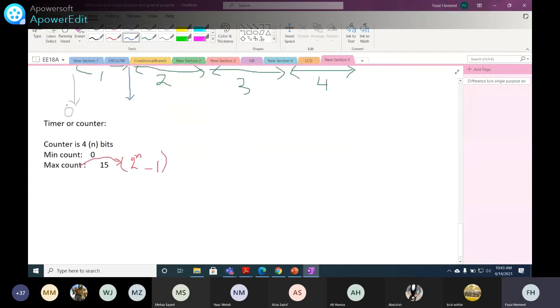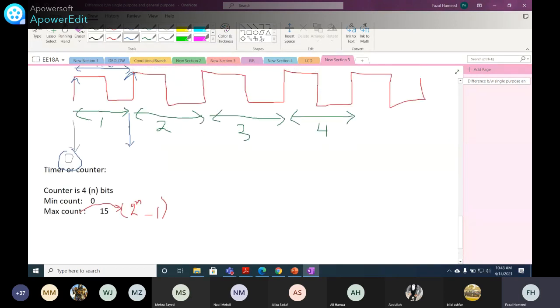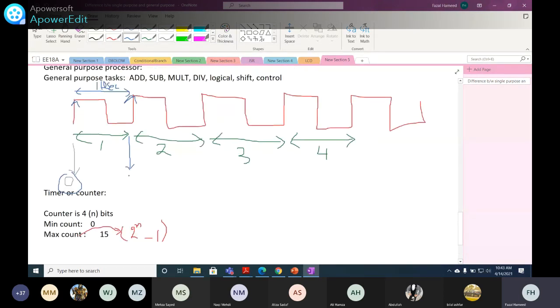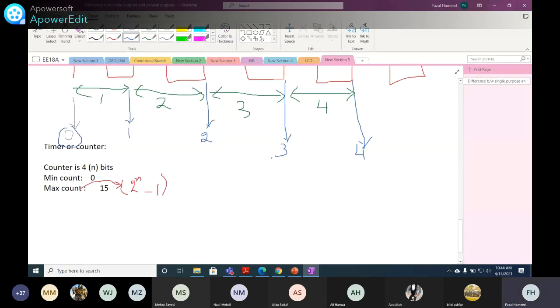At the next clock edge the value will be 1, at the next clock edge 2, then 3, and then 4. So the counter can be used to count the clock cycles.